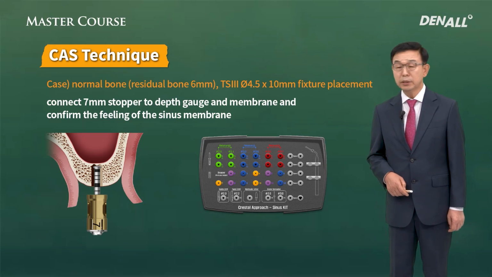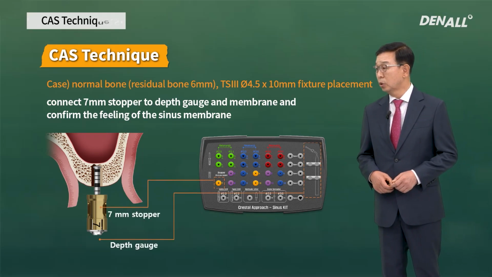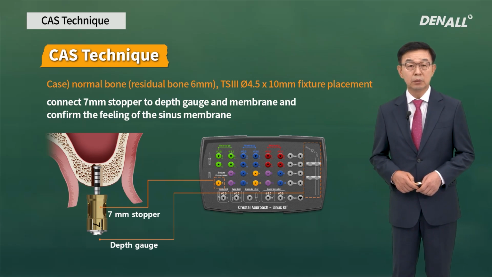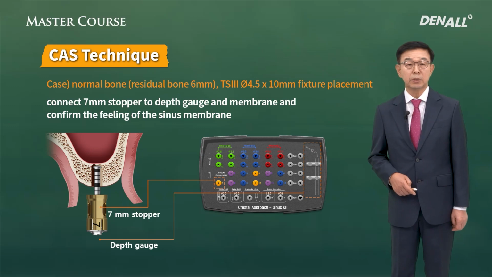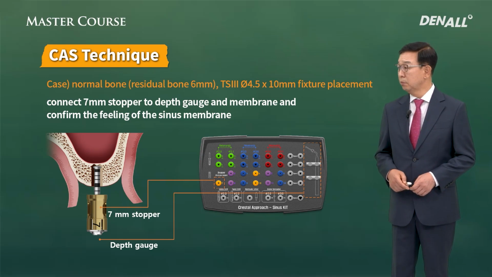When you do drilling, in order to check whether the sinus floor has been penetrated, if you're a beginner, you can use a 6 mm CAS drill. You should use a 7 mm stopper instead of 6 mm. 7 mm stopper is used in depth gauge and check the sinus floor.